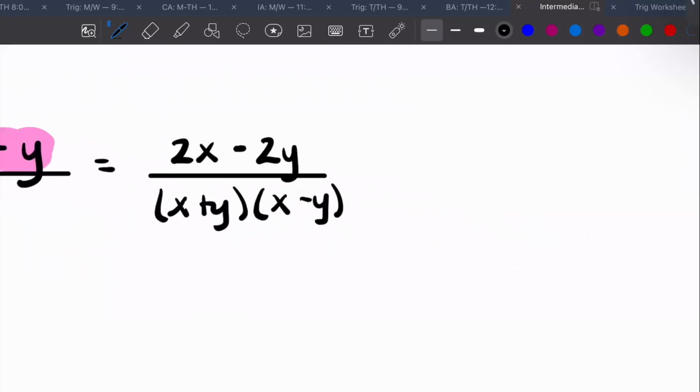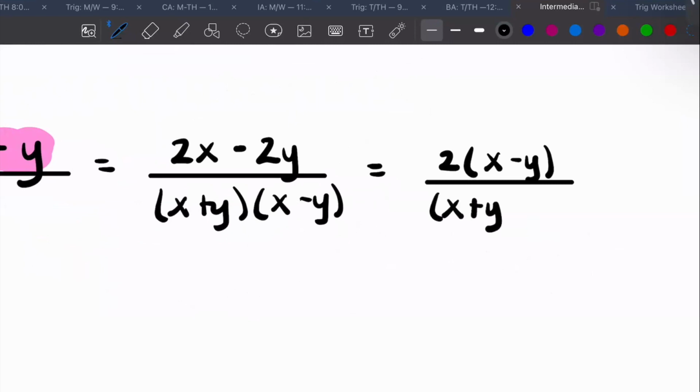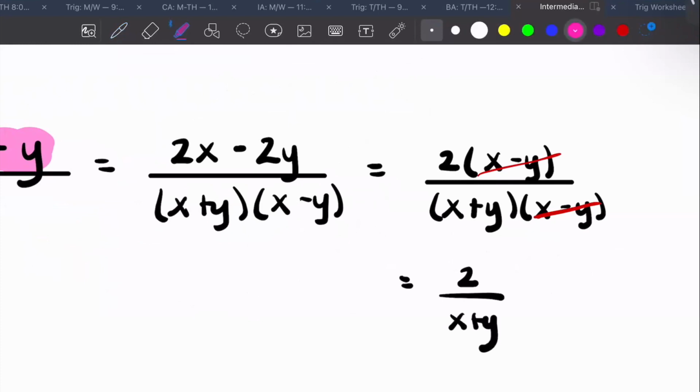We can take out a 2. And look what happens. We have an x minus y on top and on bottom, so we can cross out. 2 over x plus y is our answer.